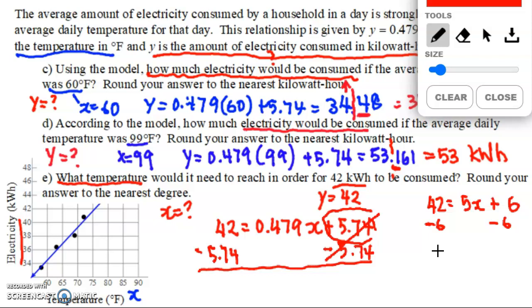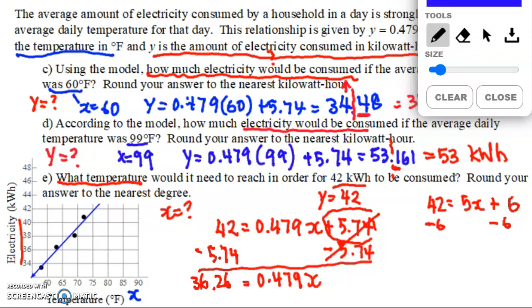This goes away to 0, and you're left with 0.479x is equal to 42 minus 5.74, and you can use the calculator, 42 minus 5.74, and that leaves me with 36.26.